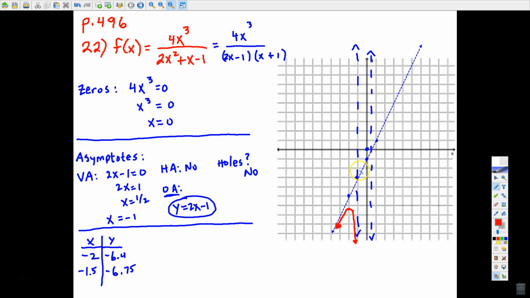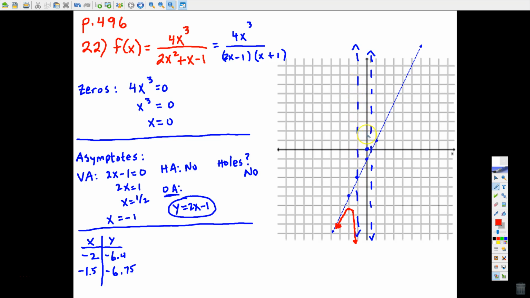This does not happen very often, but this is one of those times where we're actually going to cross through an asymptote. And that will happen on rare occasions for oblique asymptotes and for horizontal asymptotes. But it will never happen for vertical asymptotes. You will never pass through vertical asymptotes.